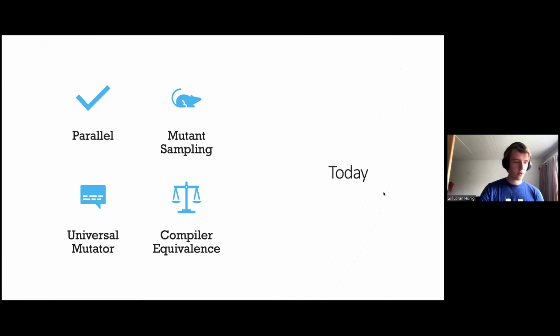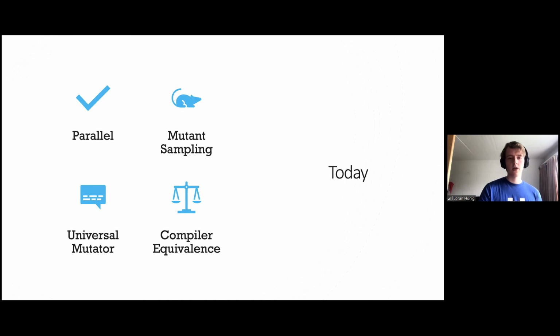The third optimization or feature, this is actually a feature, is written down as universal mutator here. So universal mutator is another mutation testing project, and what they did is define a generic way of writing mutation rules so that you can easily apply it to different languages.